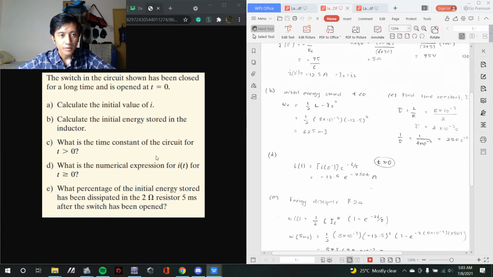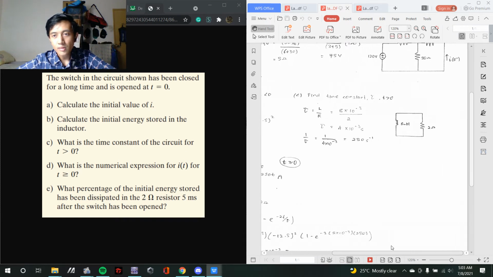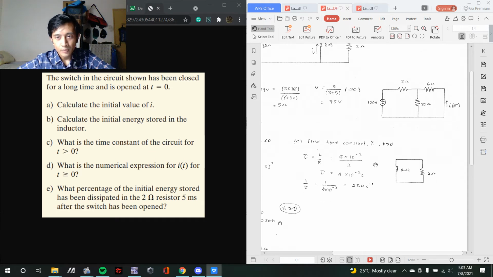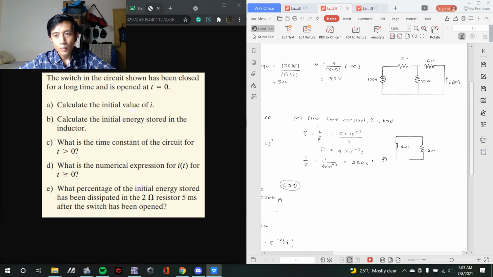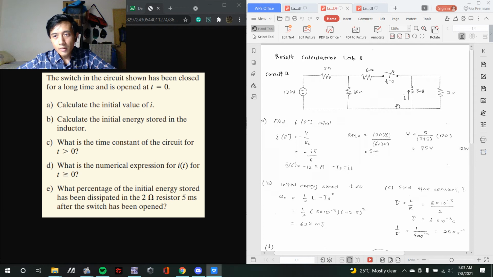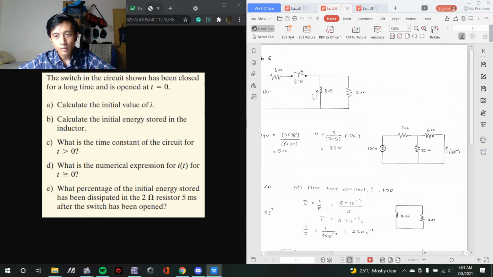Then we need to find the time constant of the circuit for t more than 0, which is when the switch is opened. When the switch is opened, we get this circuit, because the current cannot flow through here, since it's not a closed circuit.